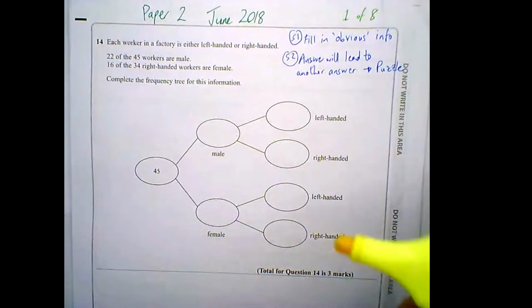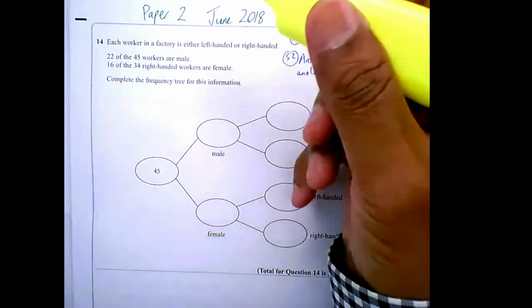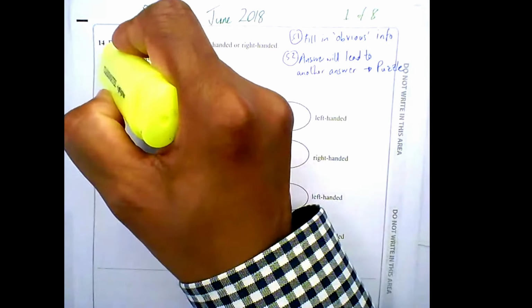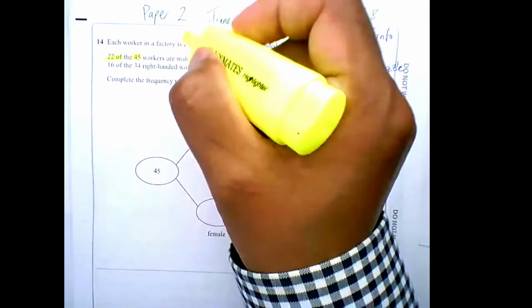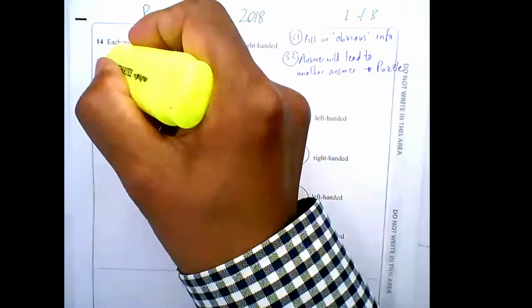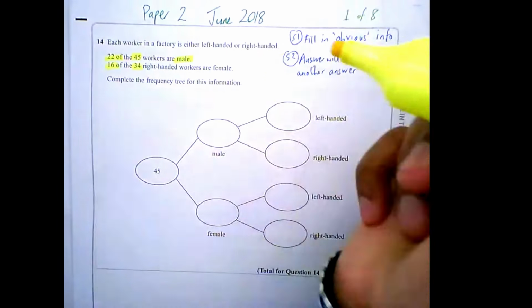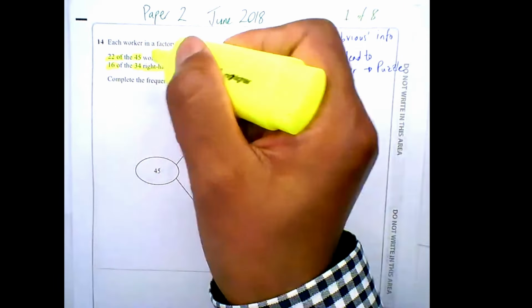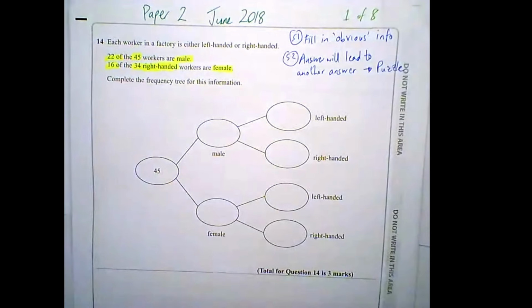Each worker in a factory is either left-handed or right-handed. 22 of the 45 workers are male. 16 of the 34 right-handed workers are female. Complete the frequency tree for this information.